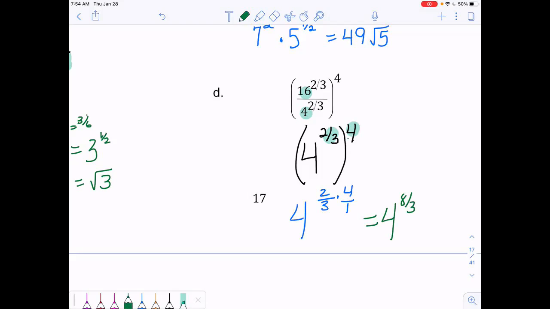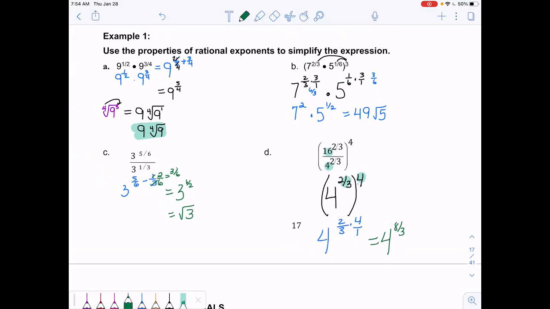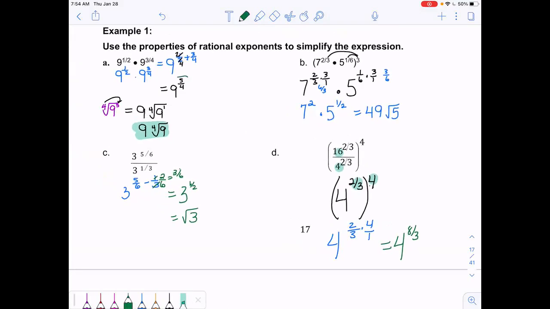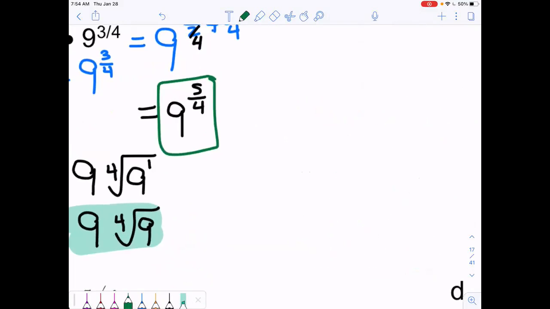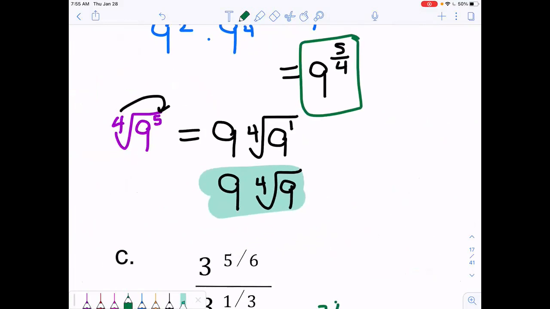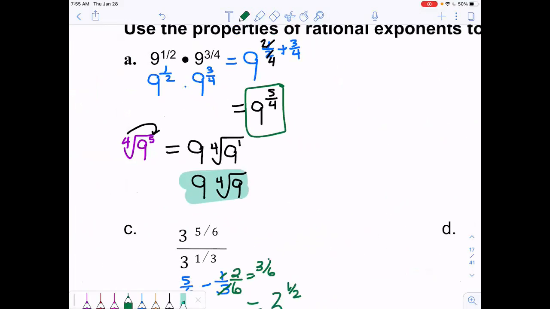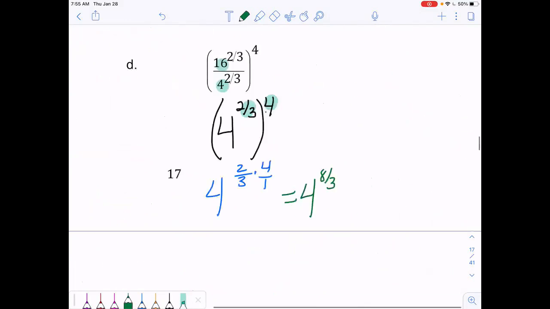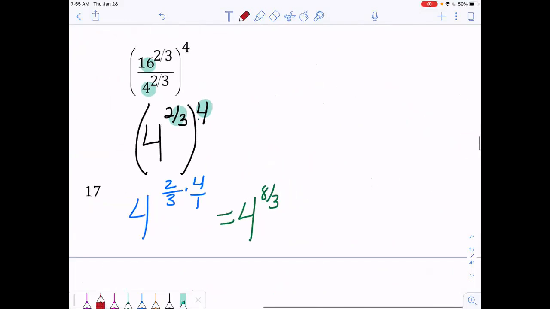All right, so we're not done. Don't get too excited. If I look at what I did with letter A, we had 9 to the 5/4, and we rewrote it as a radical. We're going to do that again. So we're going to take this and write it as a radical. We have the cube root of 4 to the 8th.